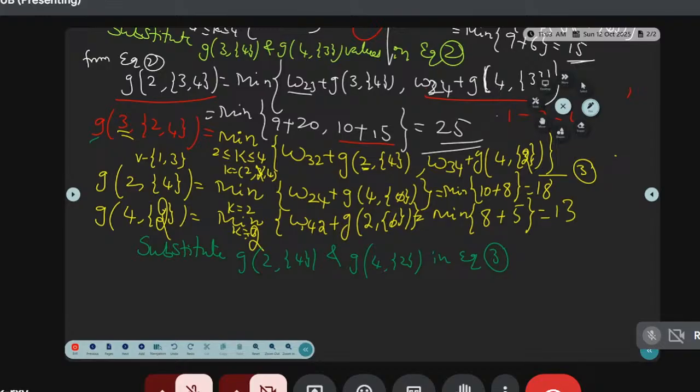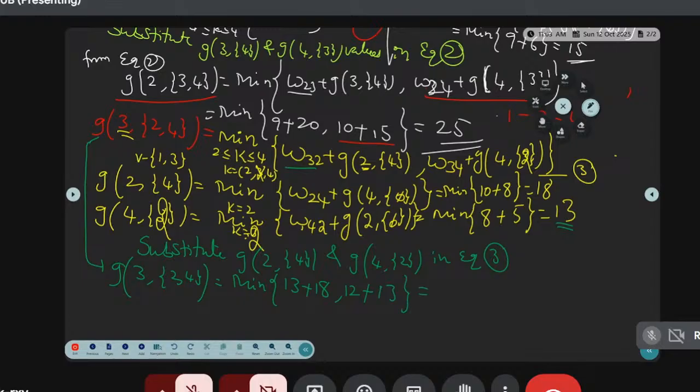Equation 3: g of 3 2 4 is equals to minimum of W32 plus G24 18 comma W34 12 plus G43, G42 13, right? 8 plus 5, 13.